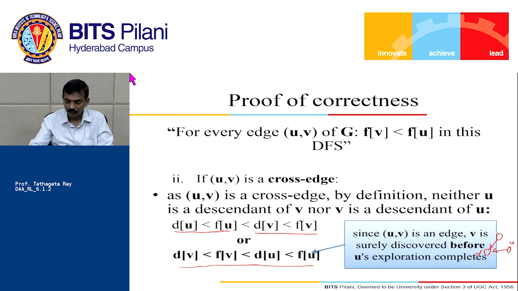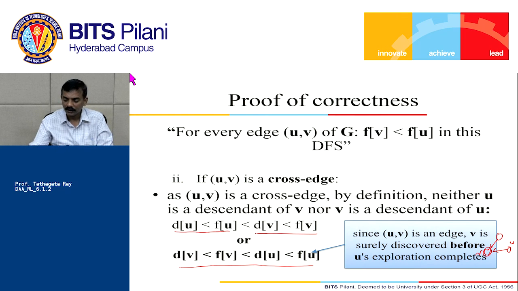I must have discovered this one first, and then gone to its descendants and so on and got this one done. So this was finished, and then I went back up, and from there I went to u, and from u I saw that v is already done. So there is an edge from u to v which is a cross edge.